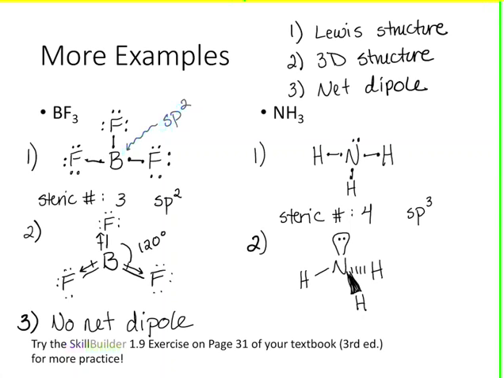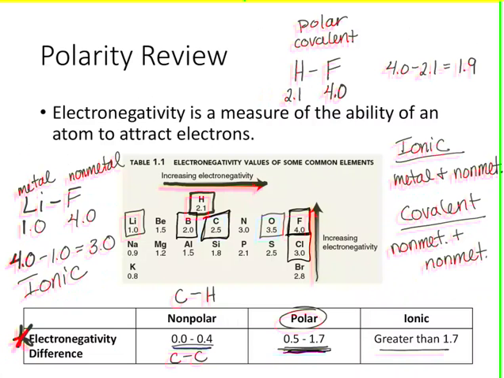Okay, so now let's figure out where electrons are traveling, if they're traveling anywhere. So let's go back to our electronegativity table. So we have hydrogen again, which is 2.1, and nitrogen, which has a value of 3. So what is the difference between 3 and 2.1? 0.9.